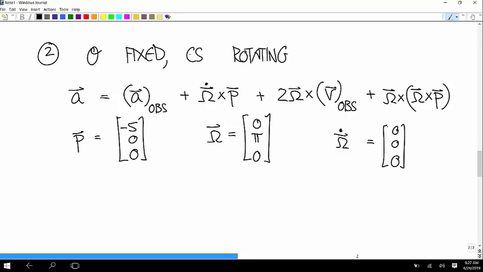What does the camera see for the velocity of the astronaut? 0, yep. So V observed is 0. And the same thing for the acceleration. If the velocity as a function of time just stays 0, then the observed acceleration also just stays 0.